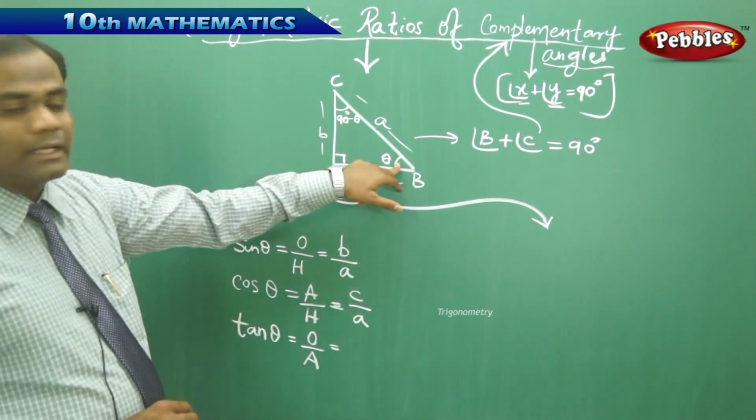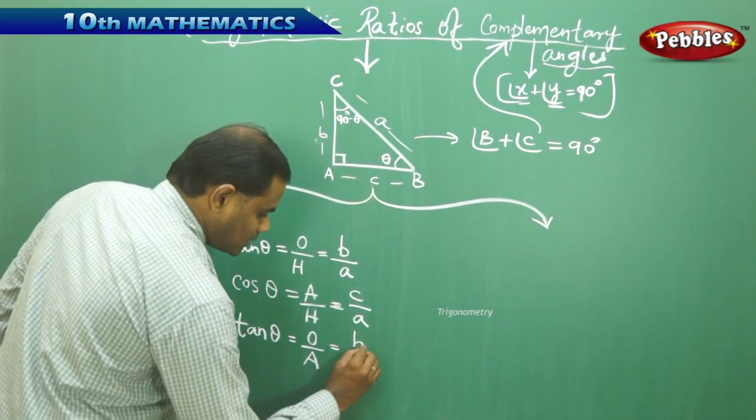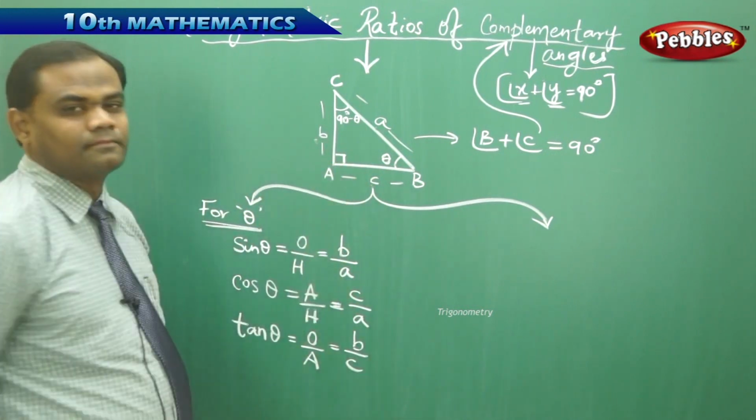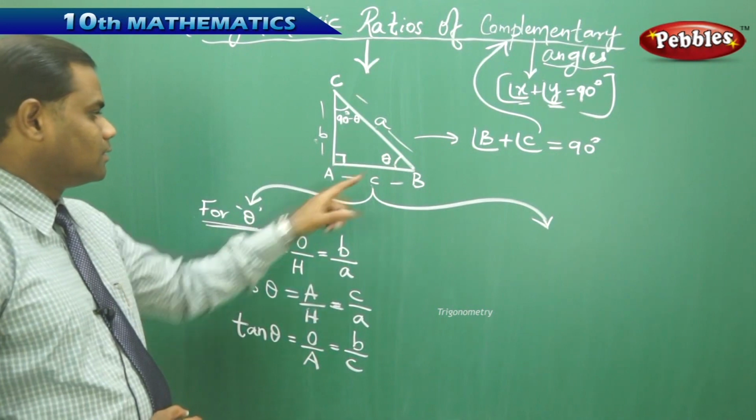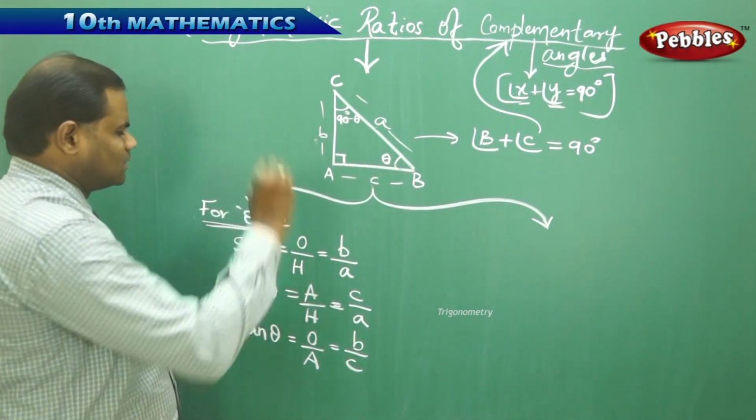My opposite to angle theta is B and adjacent is C. So I get B over C for this angle theta, that is angle B.